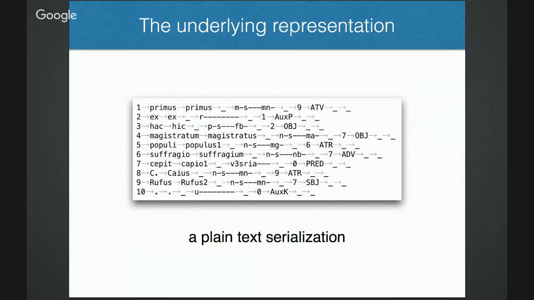We have the same values, and just the position of each value defines what kind of value we are talking about. So the first column is simply for the ID of the word, the second is for the word form, the third for the lemma, and so on.